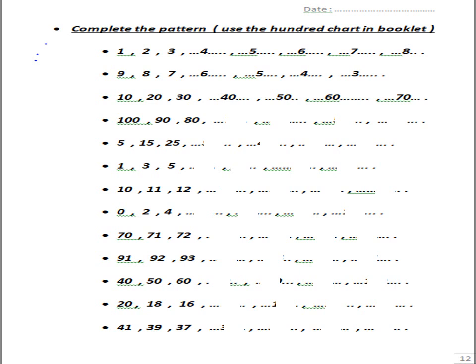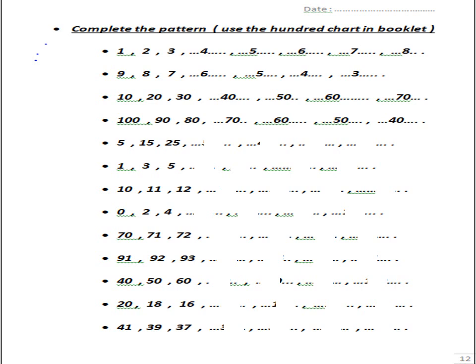Okay? The fourth question here, 100 becomes 90 and 90 becomes 80. So we decrease by 10. So 80 becomes 70 and 70 becomes 60 and 60 becomes 50 and 50 becomes 40. Here 5 becomes 15 and 15 becomes 25.